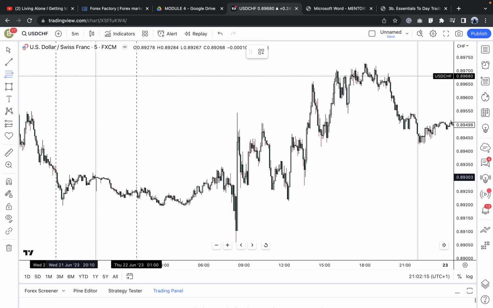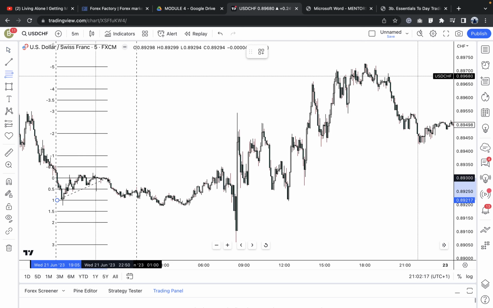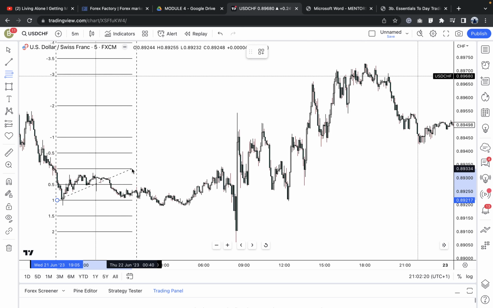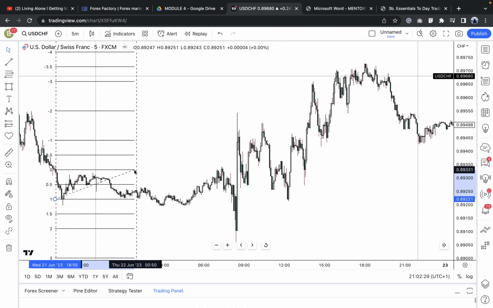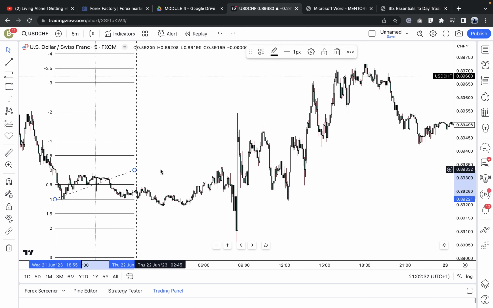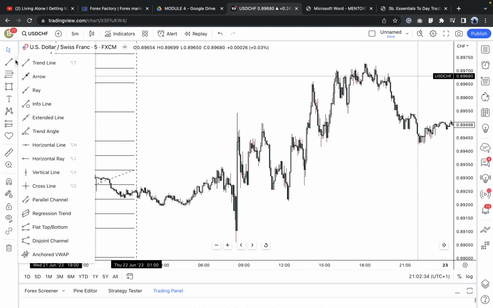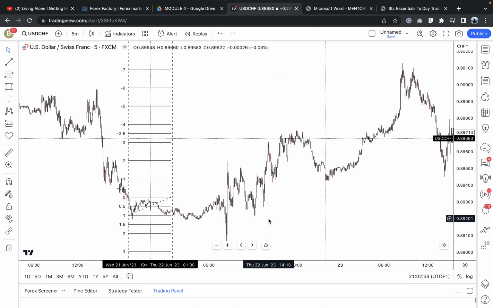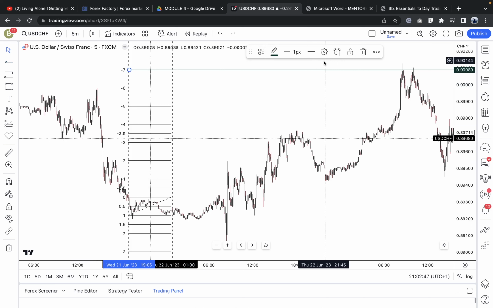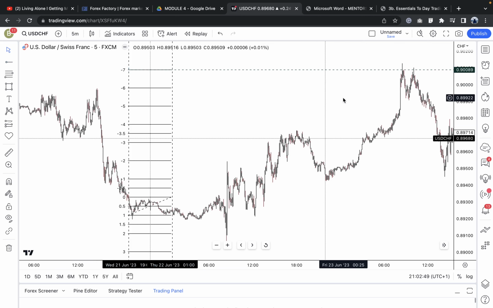So if we took the lowest candlestick body closure here and the highest candle body closure here, and we projected it until the next day, you can see at 7 standard deviations we have our high there.